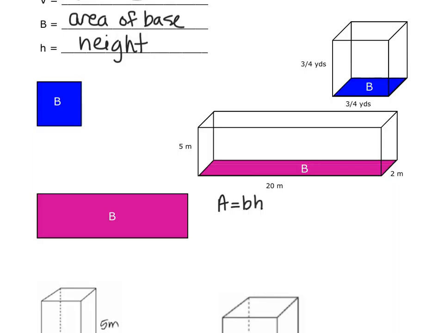I'm going to look at finding the area of this shape that's shaded in, which I redrew here, flat, a two-dimensional shape. I've taken the bottom of this rectangle and flattened it out. To find the area of this, I look at my numbers, and I have 20 and 2. Both of those are meters.